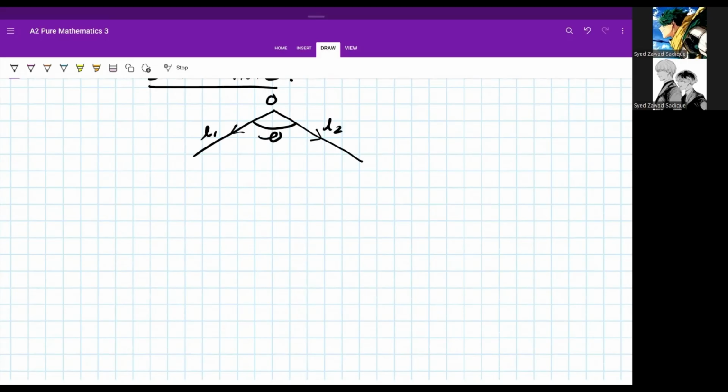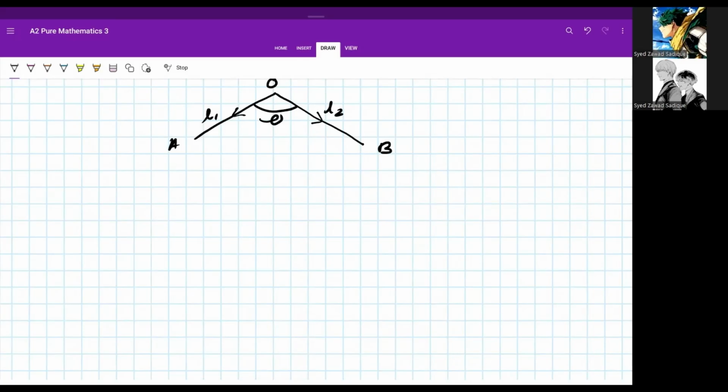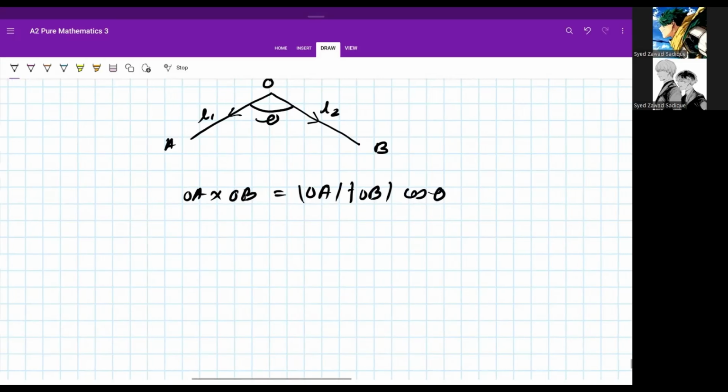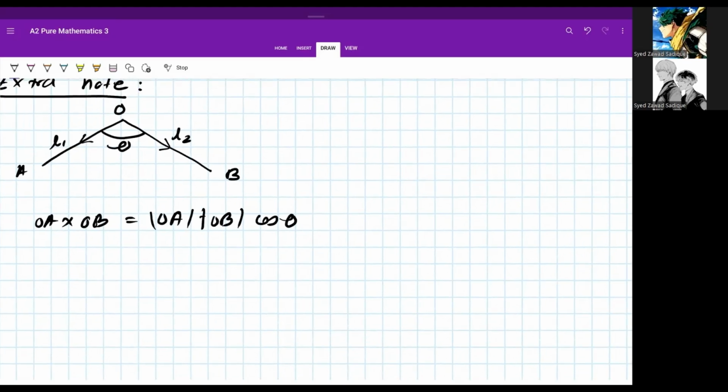Let's say this is O, this is A, this is B. So your formula should be OA dot OB is equal to OA OB cos theta.